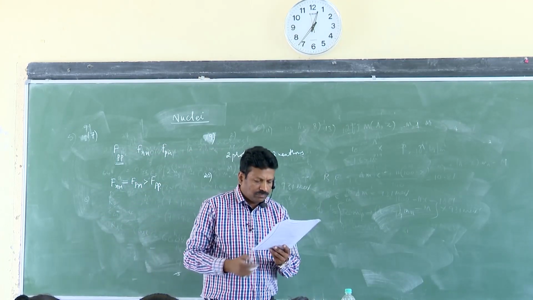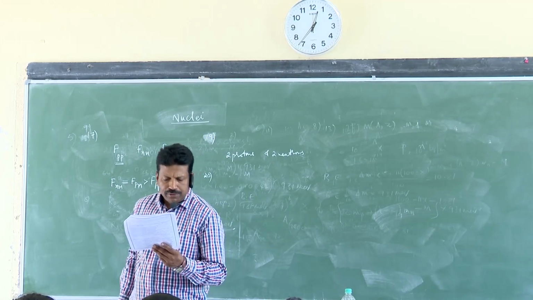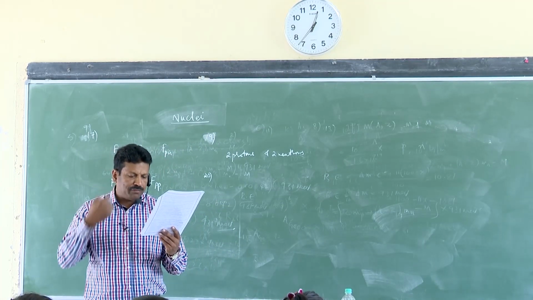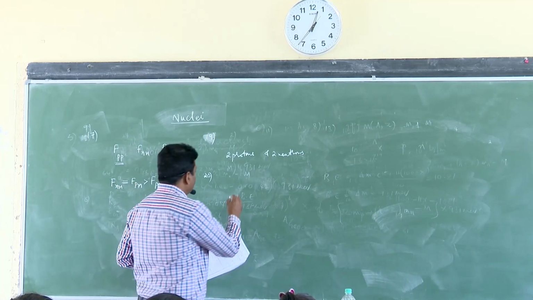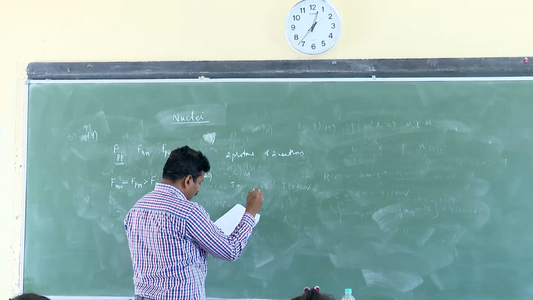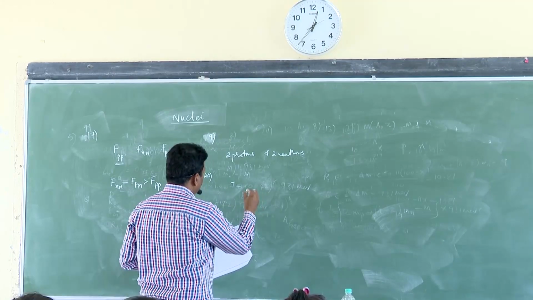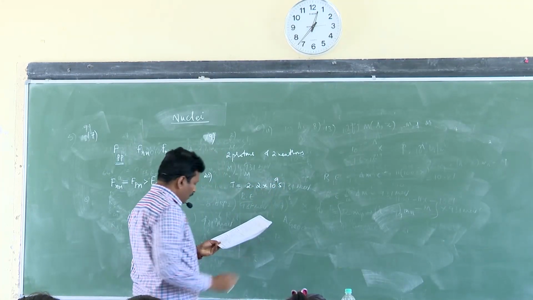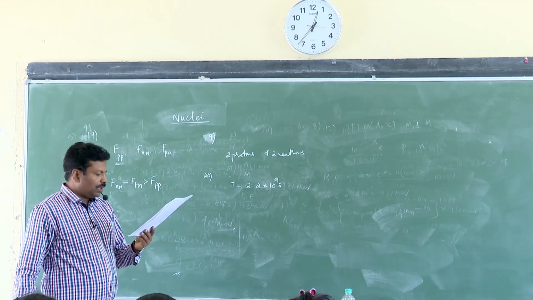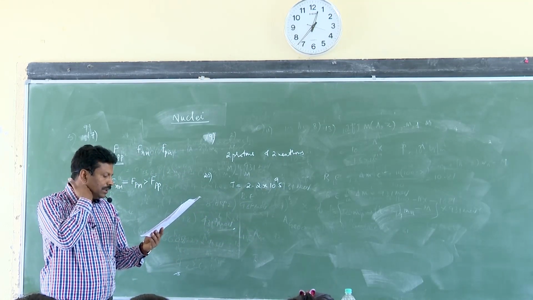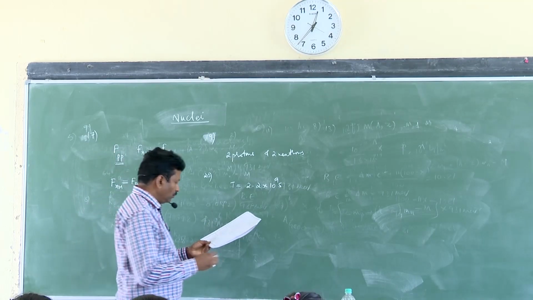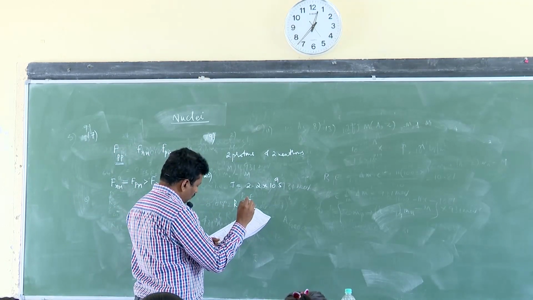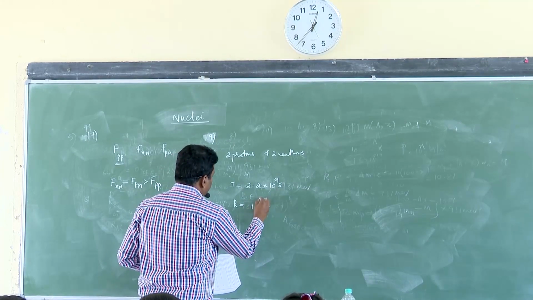The rate of radioactive disintegration at an instant for a radioactive sample of half-life T1/2 equal to 2.2 into 10 to the power of 9 seconds is R equal to 10 to the power of 10 per second.